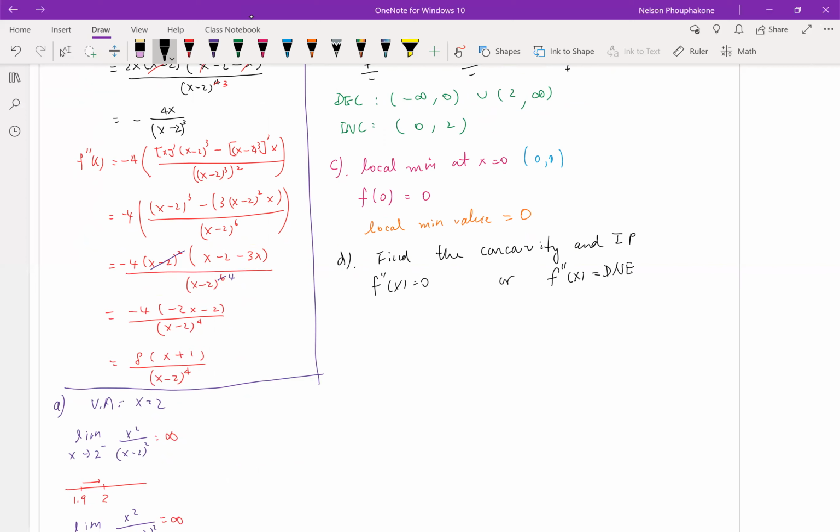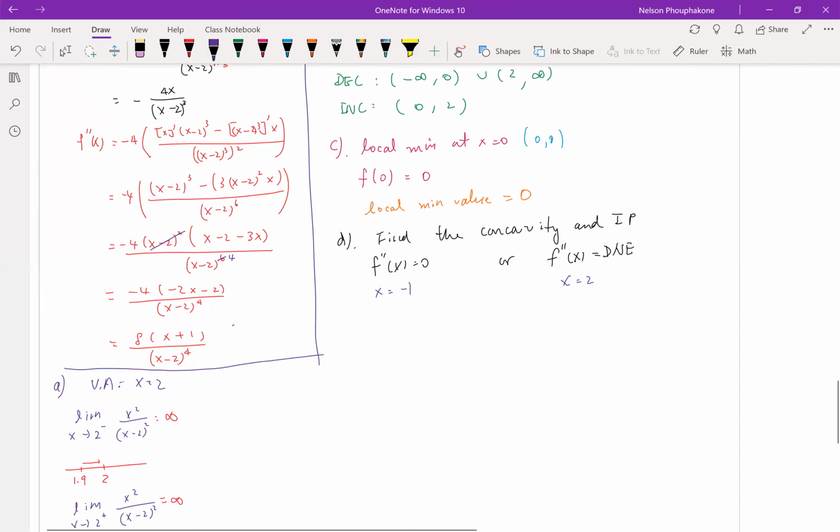So when x is equal to -1, we look at the second derivative, and when x is equal to 2. Now, -1 and 2. This is my second derivative.